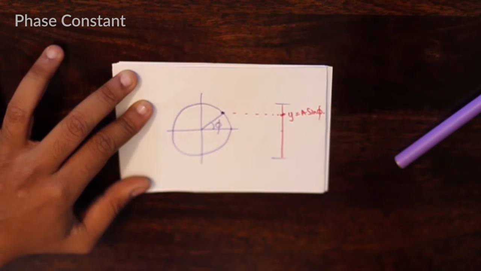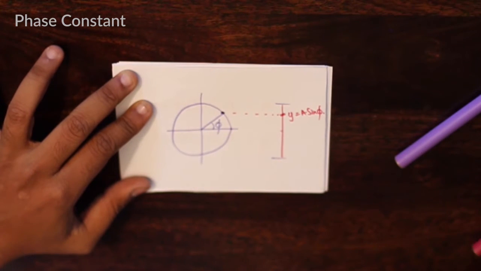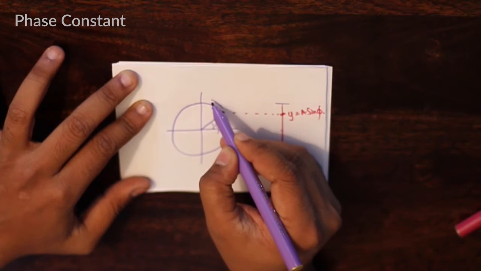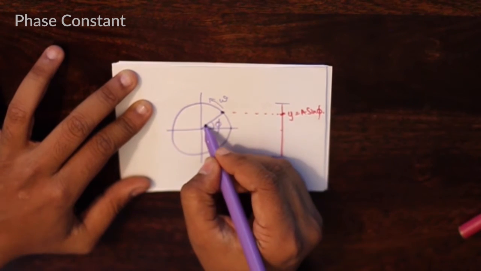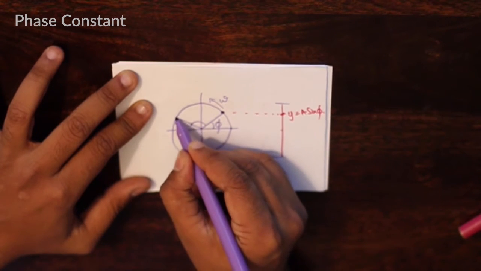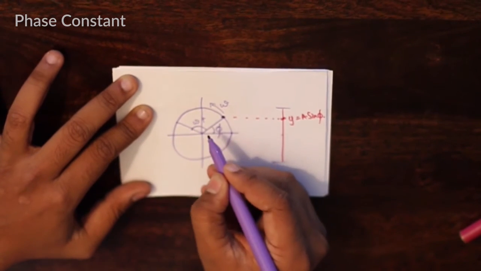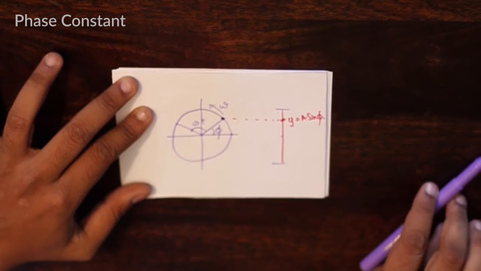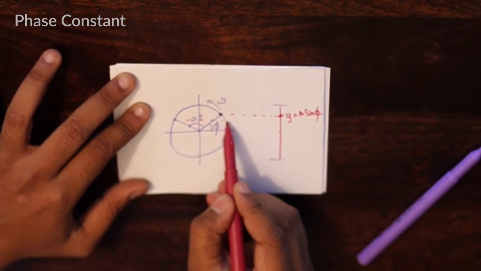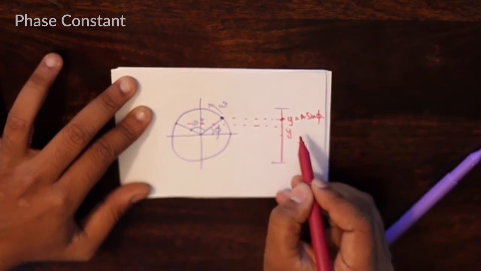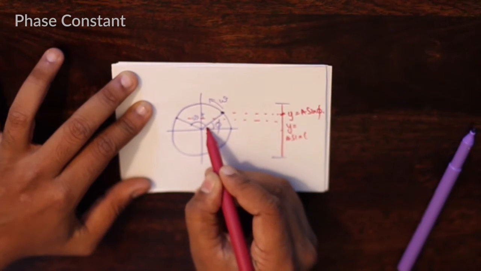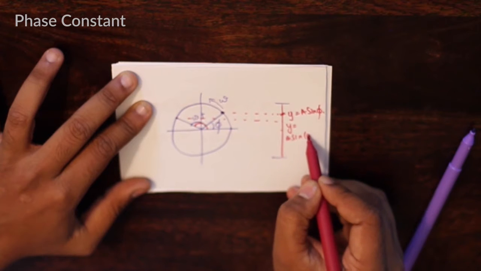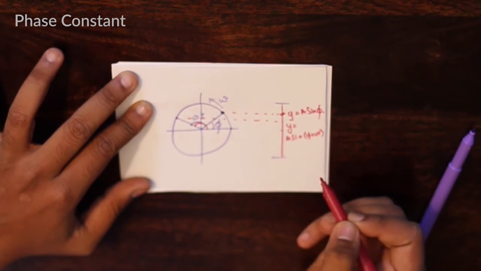So this is when we are starting our clock, and therefore now if the bob is going to go with an angular velocity omega, after a time t, this angle is omega t, but for the projection's sake, here y is going to be a sine of the whole angle, which is phi plus omega t.